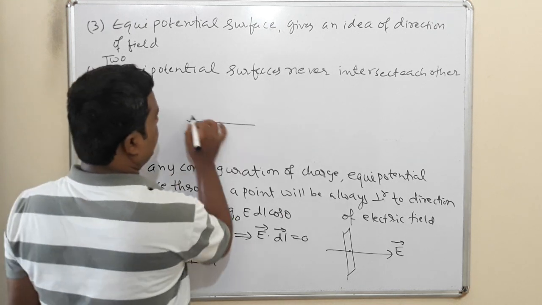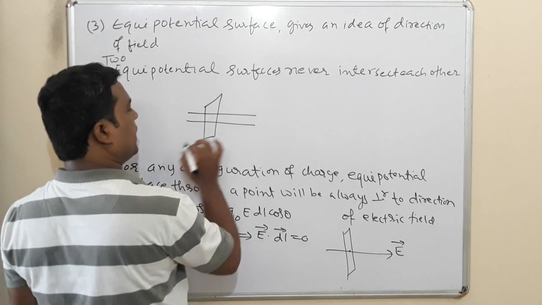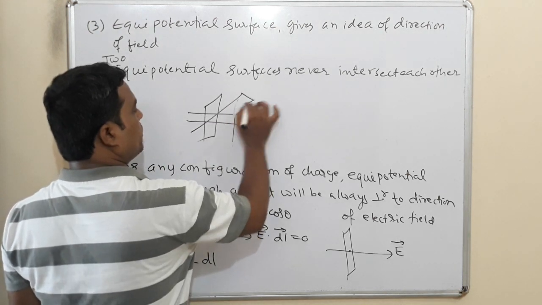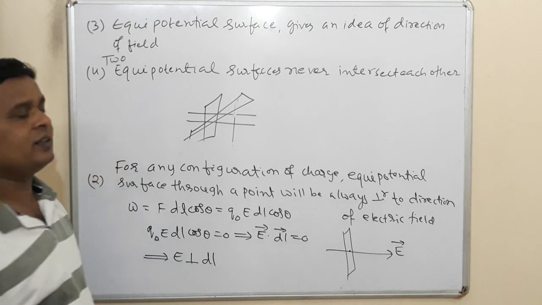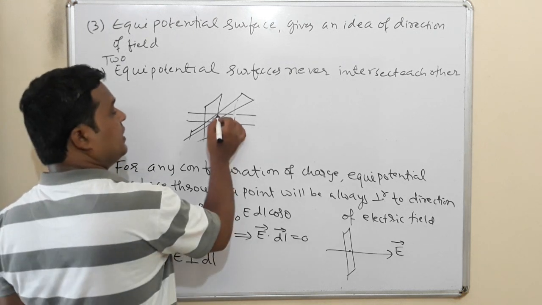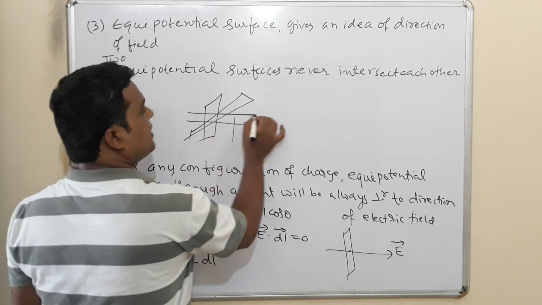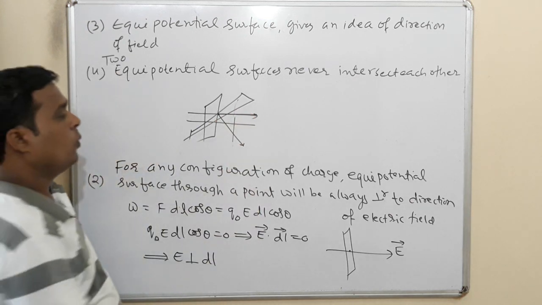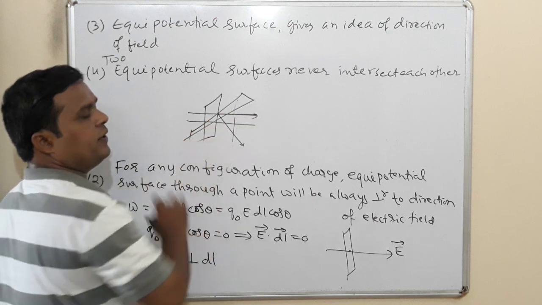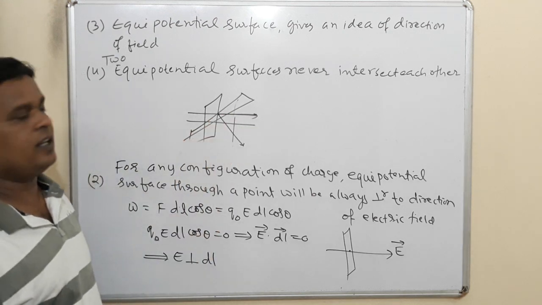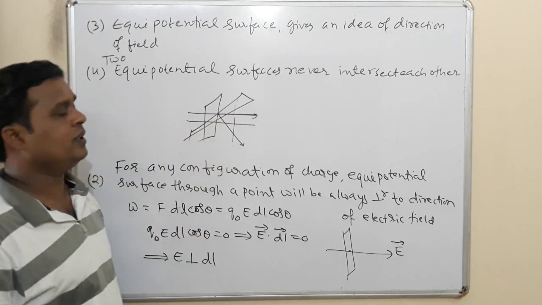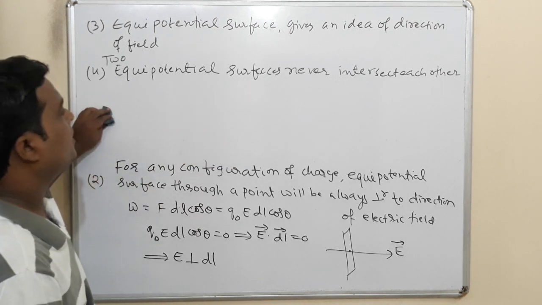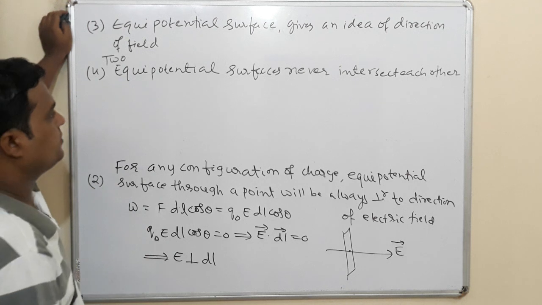One vector at a point having two directions is not possible. Therefore, intersection is also not possible. Okay? Two equipotential surfaces never intersect each other.